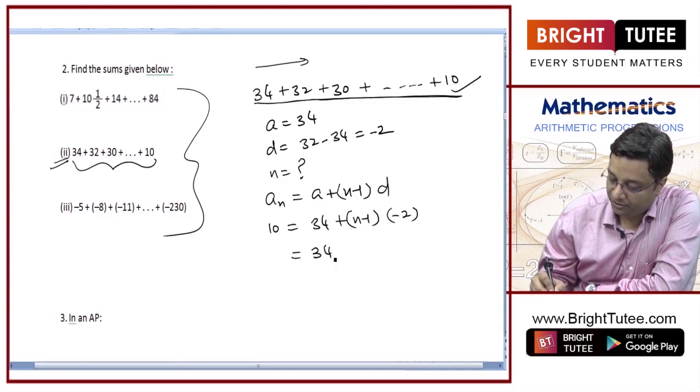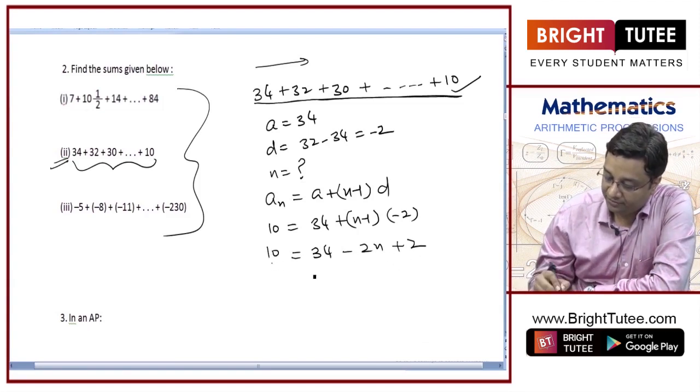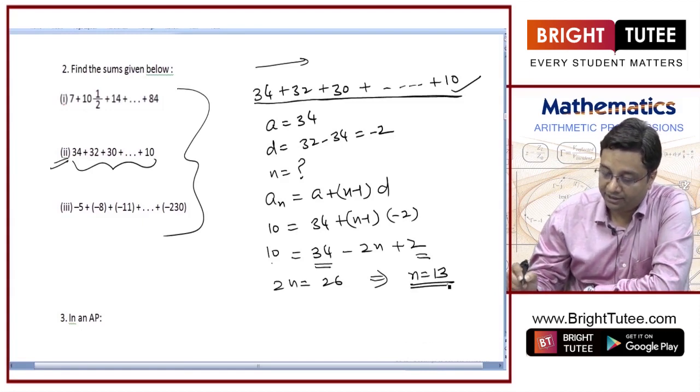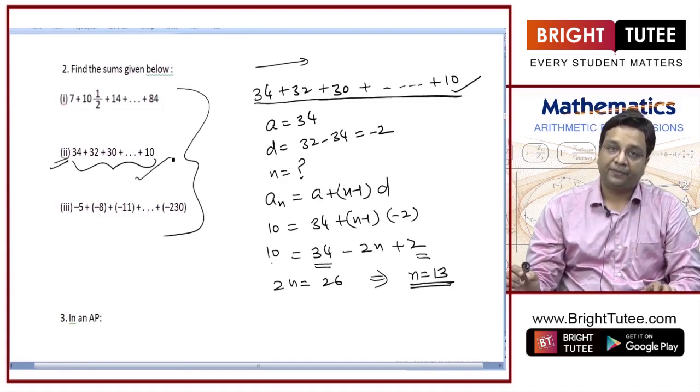So, 34 minus 2n plus 2 equal to 10, right. So, if I bring this 10 here, it will become 24 plus 2, 26, 2n equal to 26. So, this implies n will be equal to 13, right. So, there are 13 terms in this AP, right.